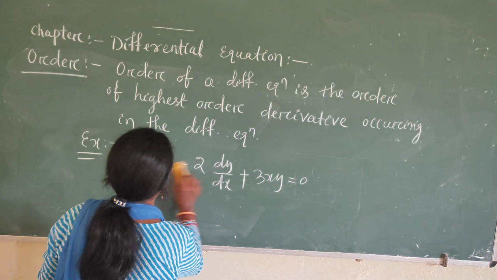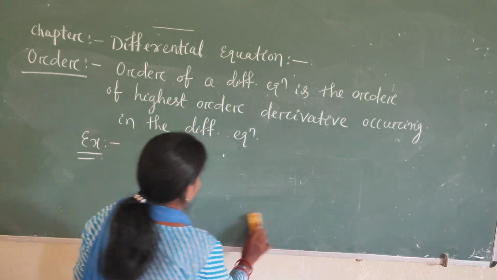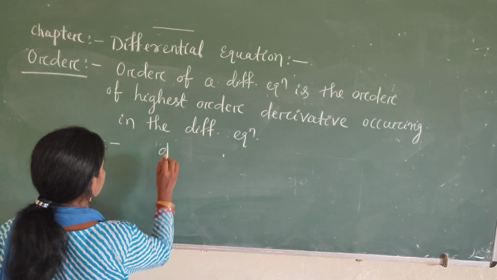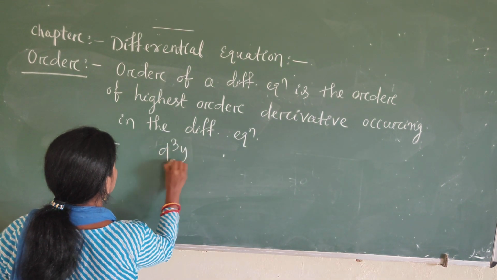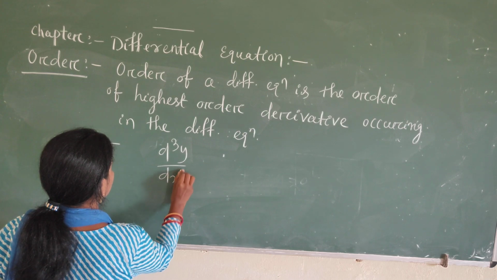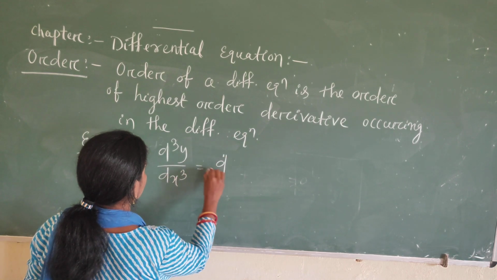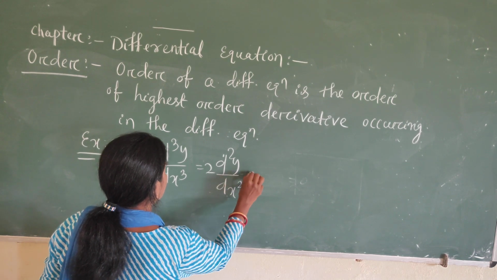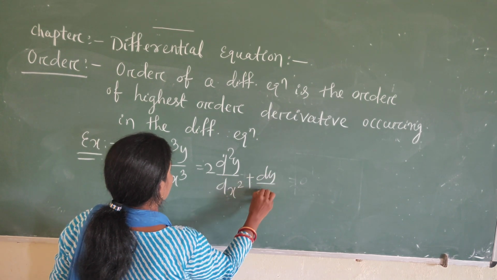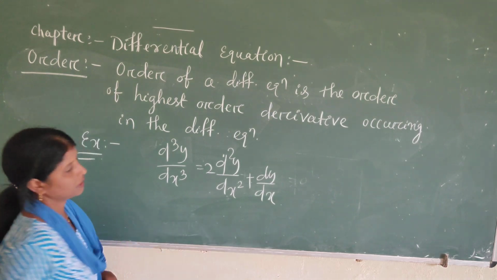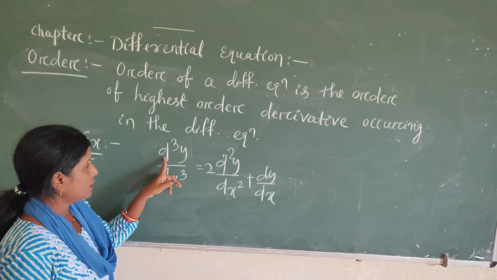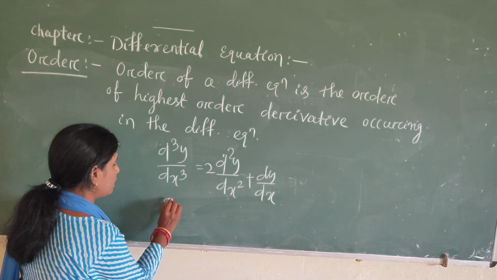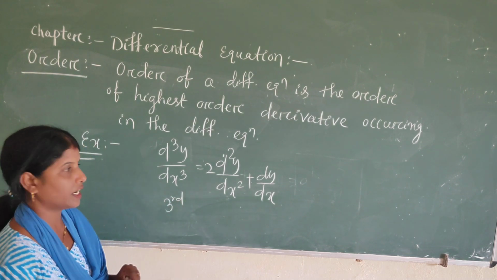Let's do another example. d cube y by dx cube means third derivative of y.